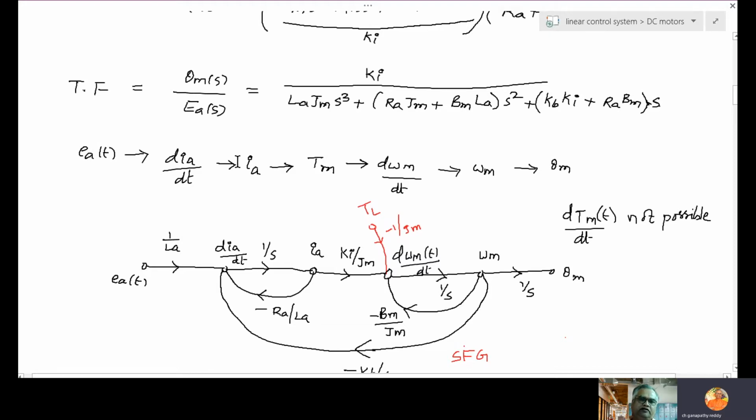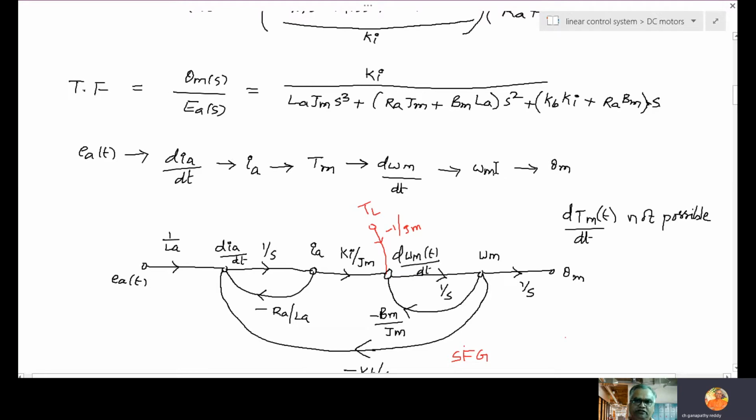Then internally there is an armature current, which comes because of the applied voltage. So Ia will come. Whenever Ia is there, another variable dIa by dt also we should consider. Because of this armature current, torque is developed. Because of the torque only, the motor is rotating. So d omega m by dt, then omega m, and at the end the angular displacement theta m.